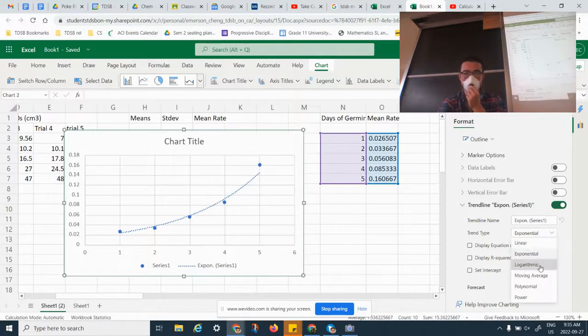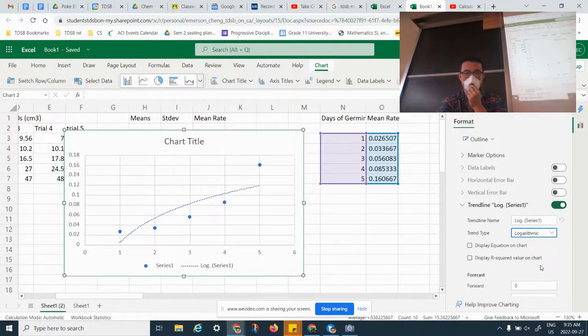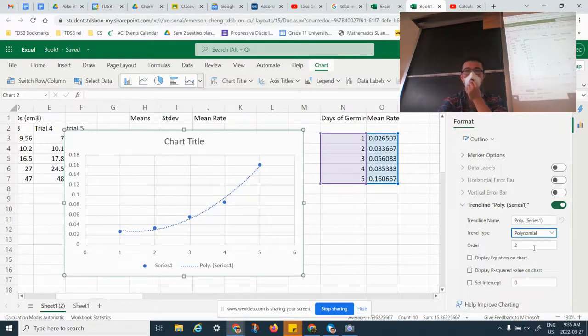Would it be exponential? Would it be logarithmic? That certainly won't work. Okay, is it polynomial? If you see polynomial, I would just say right now for biology, grade 12, and even first-year undergrad biology, you won't use anything more than order 2 or 3. Okay? 2 or 3, you don't use anything more than that.